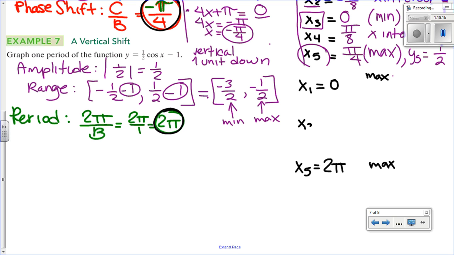Now the point in the middle, which I'm calling x3, is going to be the midpoint between 0 and 2 pi, which happens to be pi. And that one is not going to be where the maximum happens, but where the minimum value happens. And so lastly, what we need to find are the other 2 points, which will be the x-intercepts. Those will be the midpoint between 0 and pi, and that will be pi over 2. The other x-intercept will be the midpoint between pi and 2 pi, and so that will be 3 pi over 2. And we know these are x-intercepts.